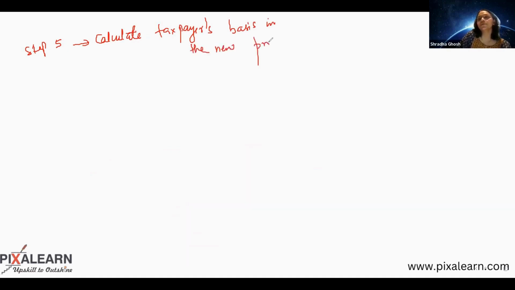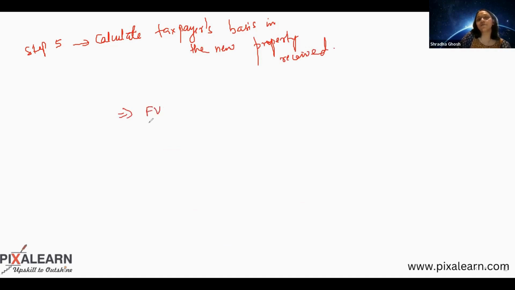Then this is easy. This is the last step now, which is step 5. What do you have to calculate? You have to calculate the taxpayer's basis in the new assets, in the new property received. How do you do that? This is simple.